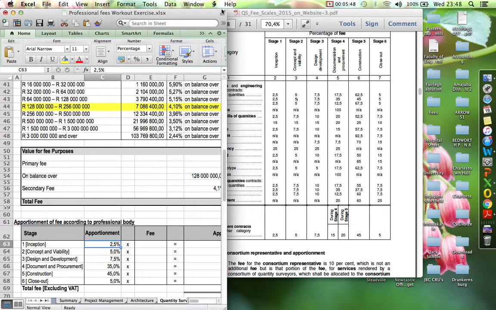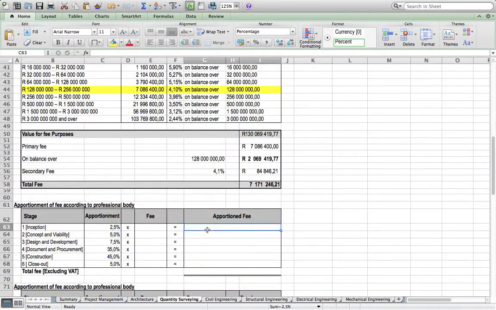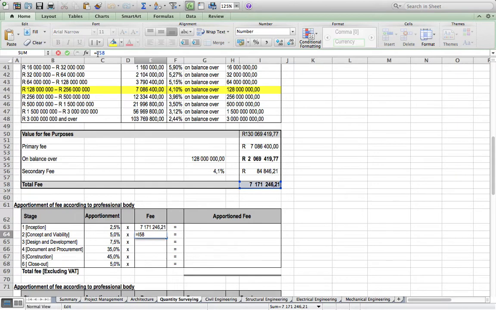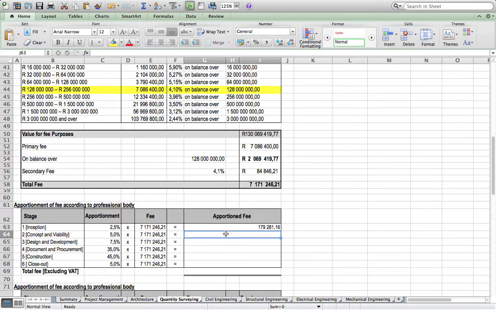And then we continue here with our fee. We'll take that 7.1 million. We'll fix it so that we don't keep on repeating the same process. Then we can drag it, put back the border there. Then we can say that multiplied by that will give us how much it is for inception.